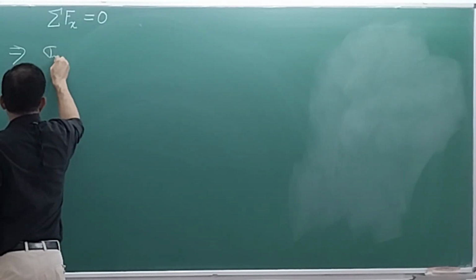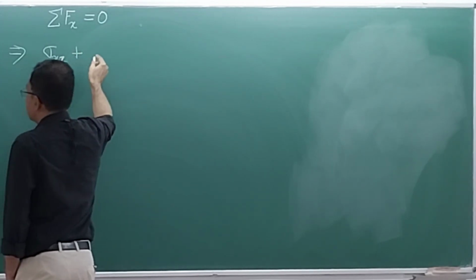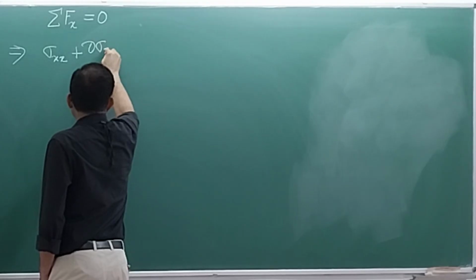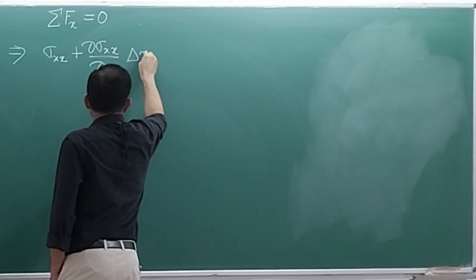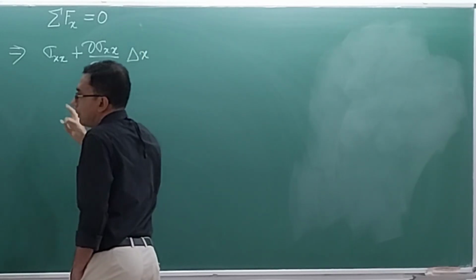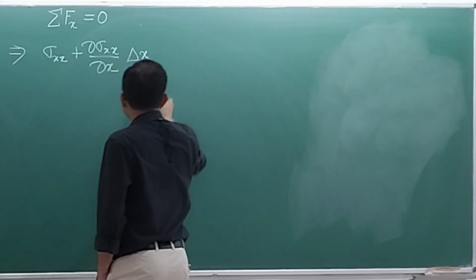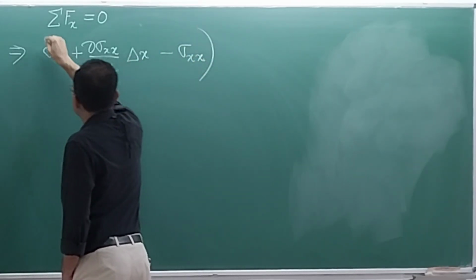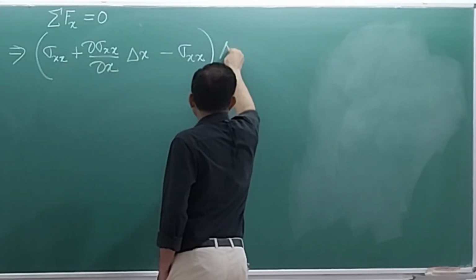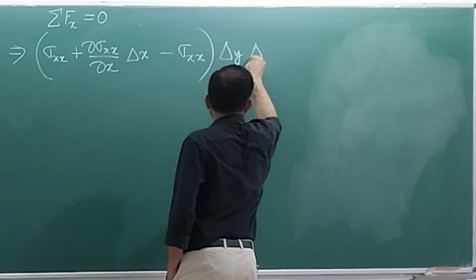So sigma xx plus del sigma xx del x delta x minus sigma xx. This entire thing should be multiplied with delta y delta z.